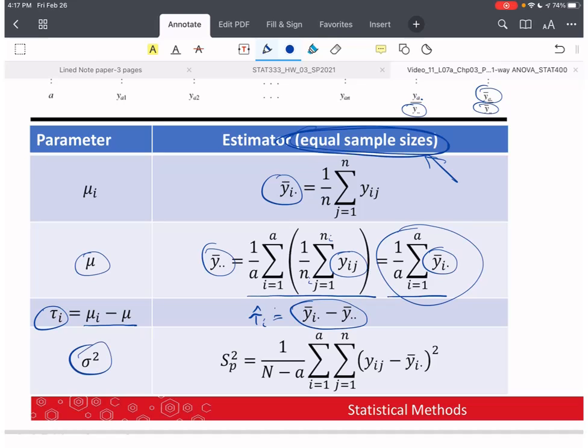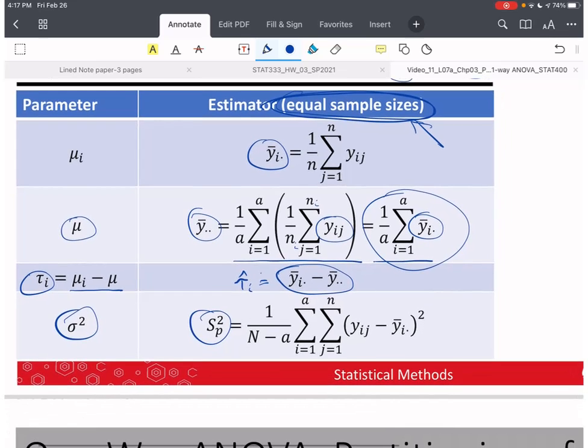And then for the common variance, we're going to use the pooled variance, but now we're expanding from the two sample case to the a sample case. And so if you recall that S sub p squared for 2 was n1 minus 1 S1 squared plus n2 minus 1 S2 squared, all over n1 minus 1 plus n2 minus 1.